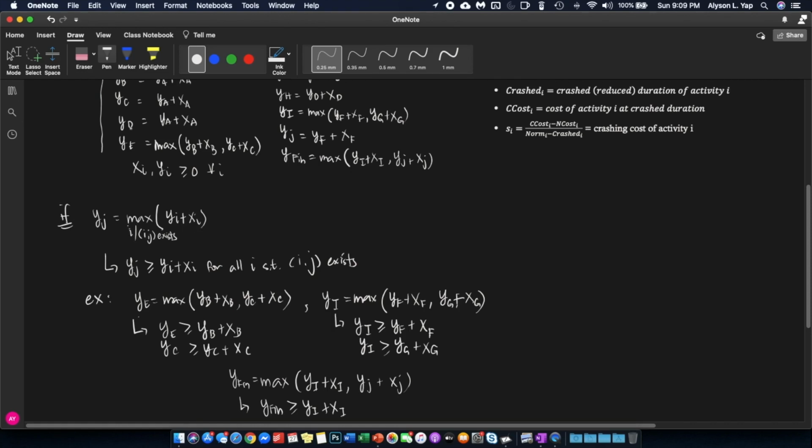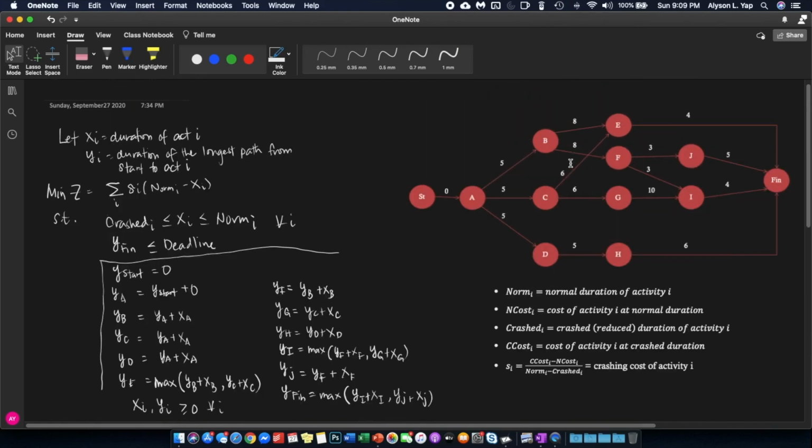So in this case, our j here is node E. Our nodes i are node B and node C because BE exists and CE exists. If you look at the graph, we have our BE exists and CE exists.